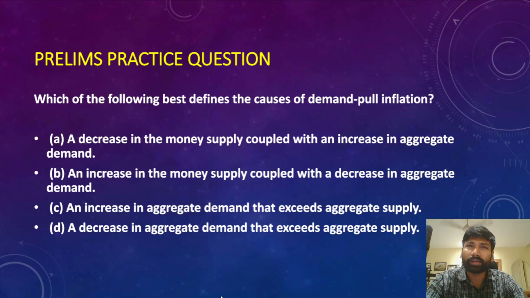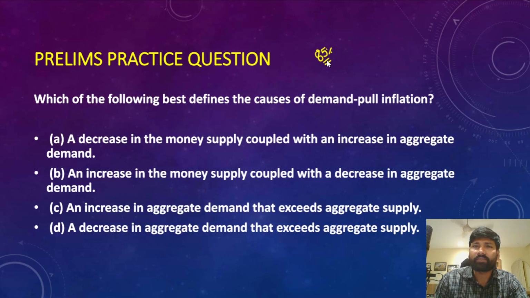However, if you look at the present state of the Indian economy, we have been facing cost push inflation. The cost push inflation is because of increased prices of raw materials or increased prices of inputs. Remember that we are importing 85% of our energy requirements, or 85% of our fossil fuel requirements.